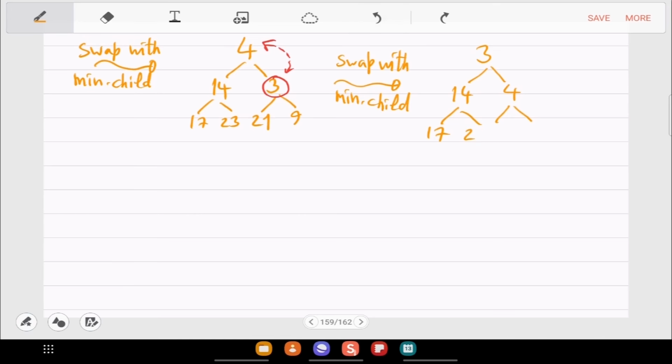These are the keys, not the labels, remember. Okay, so now you can check, since you have reached the root and you have corrected the right subtree, left subtree was already fine, so now you stop. Right, so this is a heap now. Is that clear?